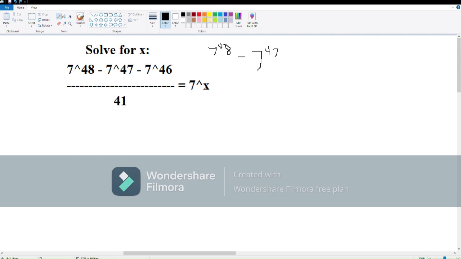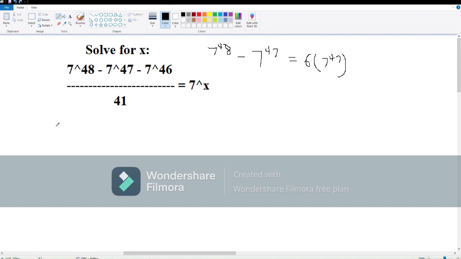Now we can use this logic to help us solve this problem. So we can simplify this as 6 times 7 to the 47th power. Alright, so now we'll have to substitute it.